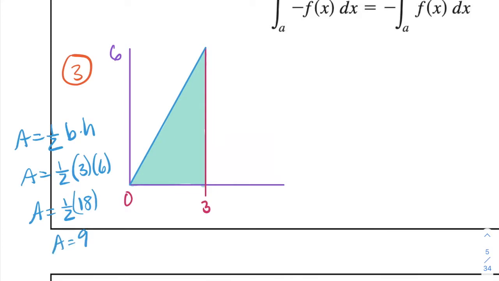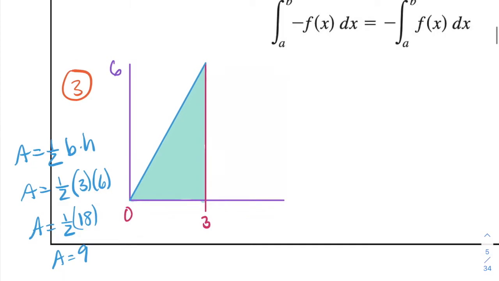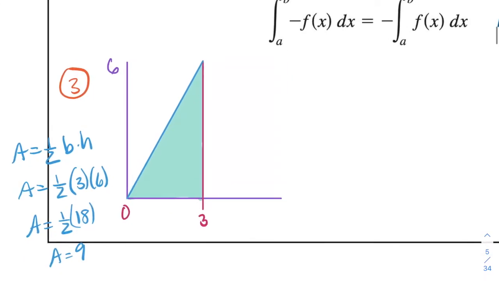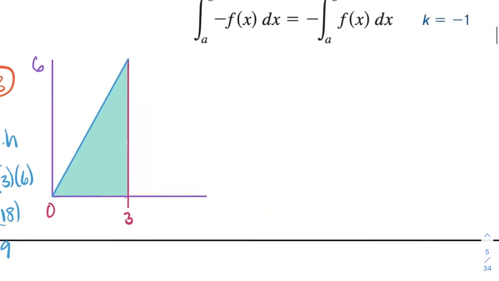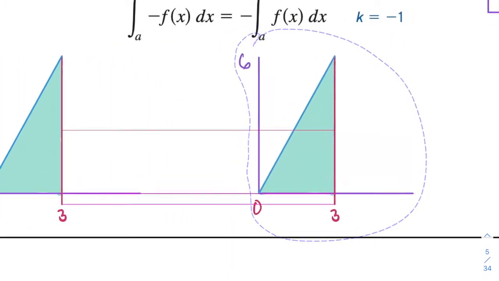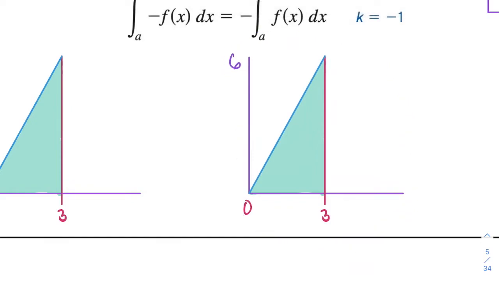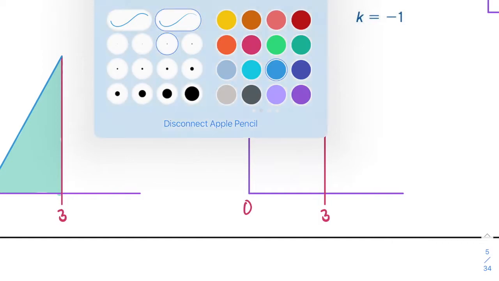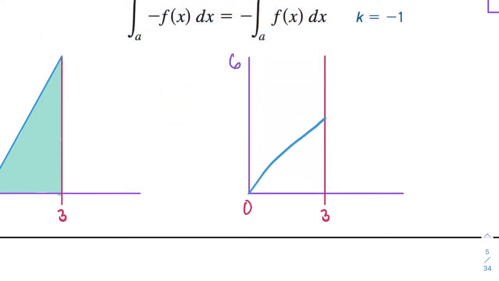Okay? Now, in the second example, I'm going to leave all of this here. I'm going to change the style of this line. It's no longer going to be y equals 2x, it's going to be y equals x. So it's going to intersect halfway through.